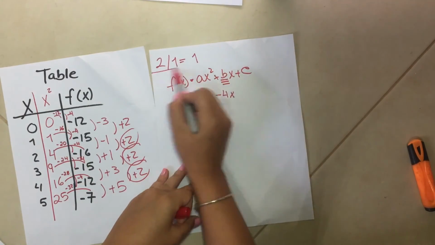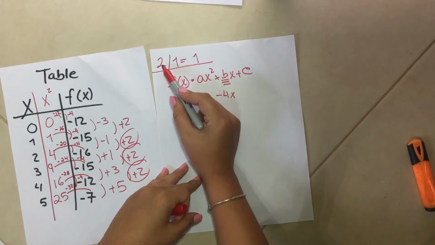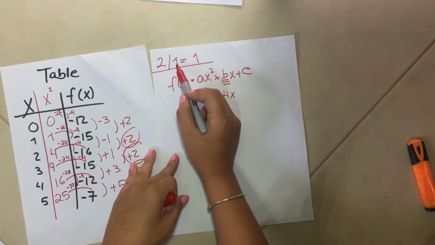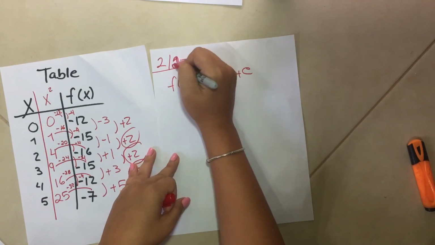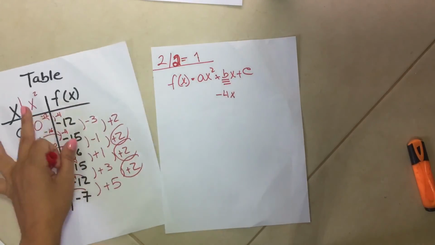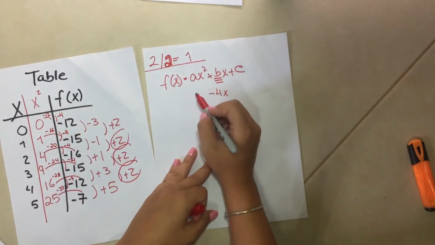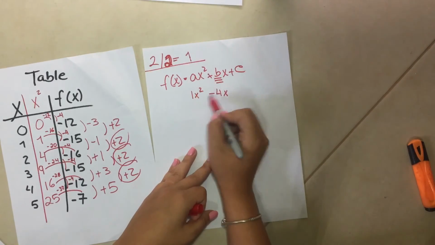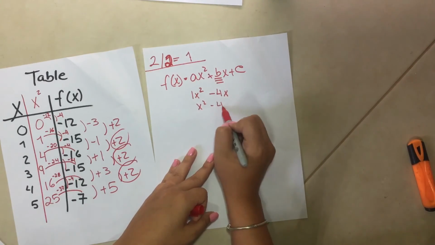For ax squared, we divided our second difference by 2 and got 1, and this is how we got x squared. So 1x squared, which is the same as x squared, minus 4x.